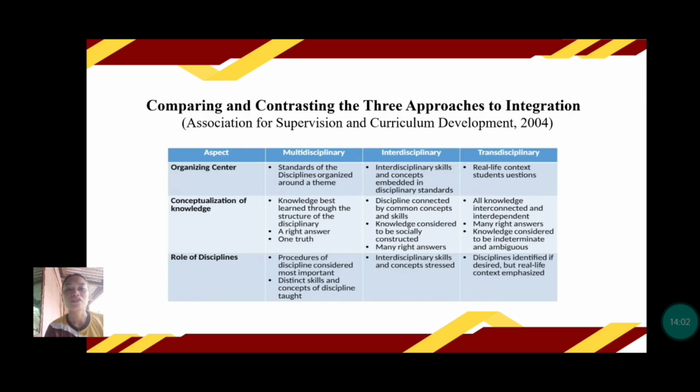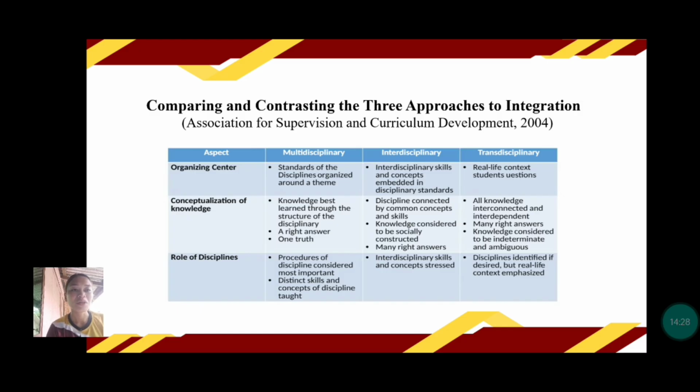In the conceptualization of knowledge aspect, in multidisciplinary, knowledge is best learned through the structure of the disciplines, with a right answer and one truth. While in interdisciplinary, disciplines are connected by common concepts and skills, knowledge is considered to be socially constructed, with many right answers.